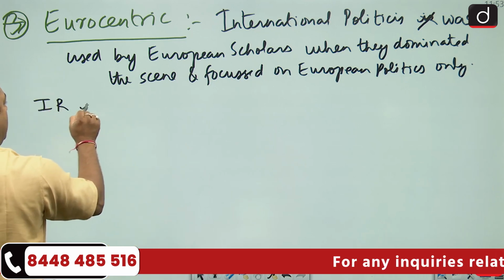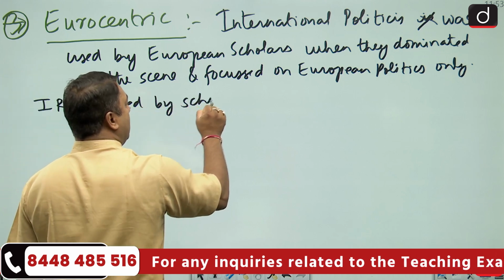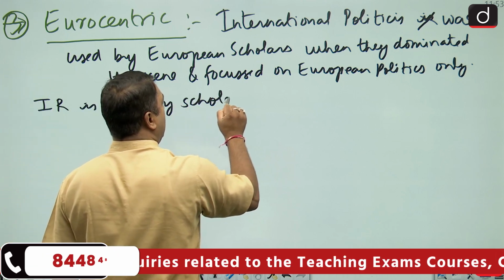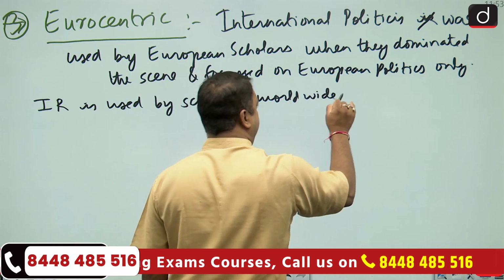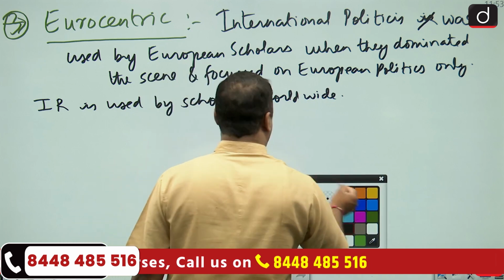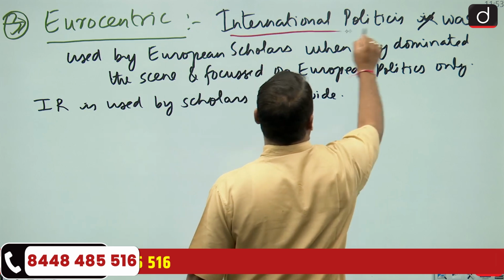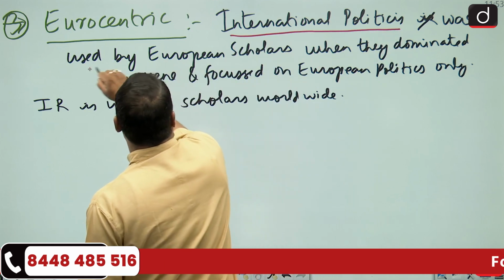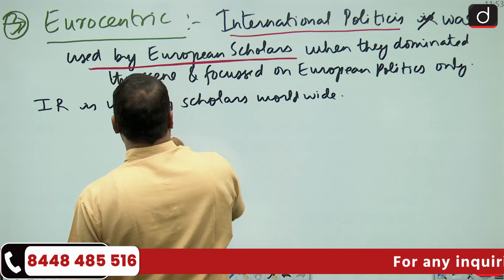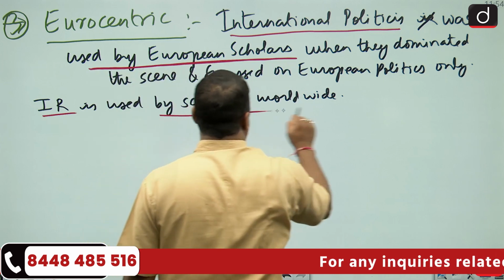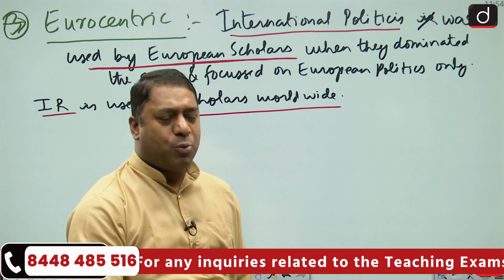IR is used by scholars worldwide. ठीक है, तो यहां पे हम बोल सकते हैं यूरोसेंट्रिक है. क्यों? इंटरनेशनल पॉलिटिक्स ओनली यूज्ड बाय यूरोपियन स्कॉलर्स, बट IR इट्स यूज्ड बाय स्कॉलर्स वर्ल्ड वाइड. ठीक है, डिफरेंस सबको समझ में आ गया?